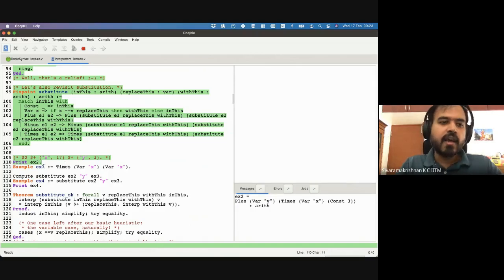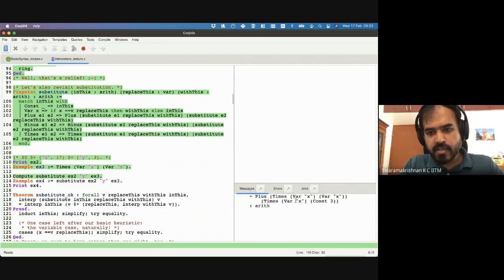And what I'm now doing is replacing wherever y occurs with x times x. If you replace that, you will get a term which says plus x times x, so x squared plus 3x is what you get.